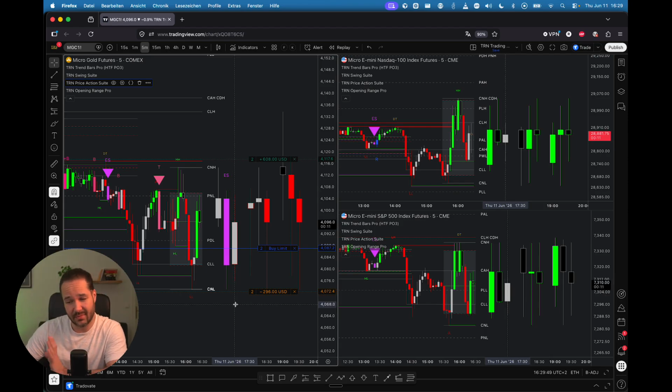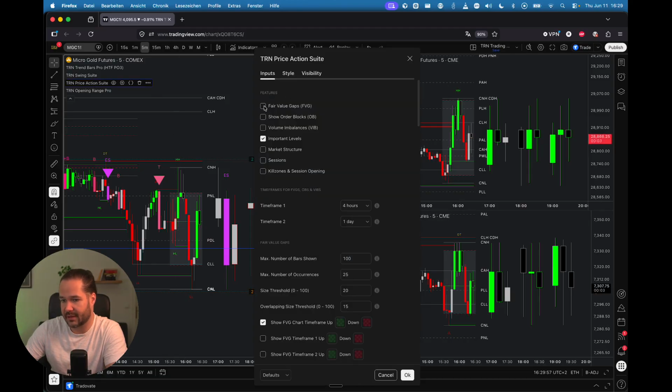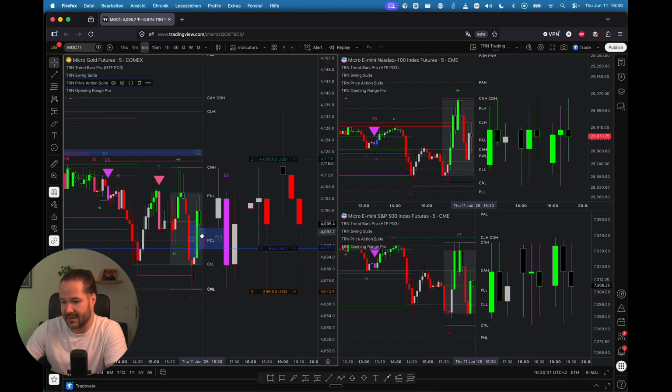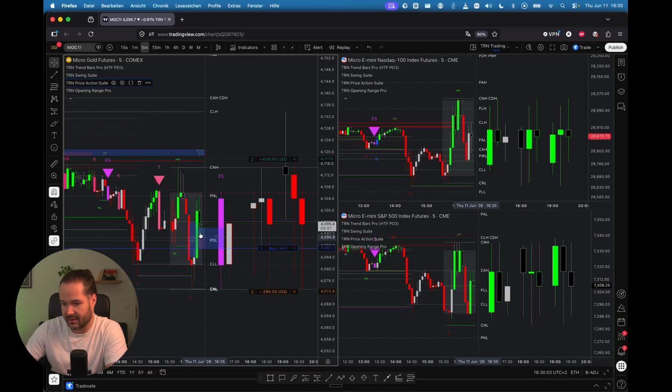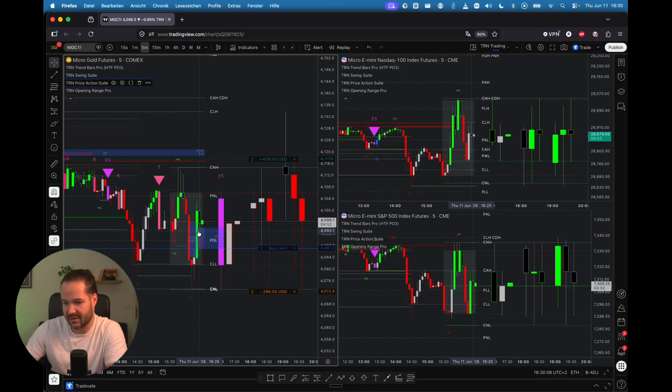Okay, guys, the game is not over here on gold, and I will tell you why. Let me turn the fair value gaps on here in the Price Action Suite indicator. We have a very nice overlapping FVG right here, this blue box, which means that there are a lot of untriggered orders in this area because the price went too fast through these price levels.